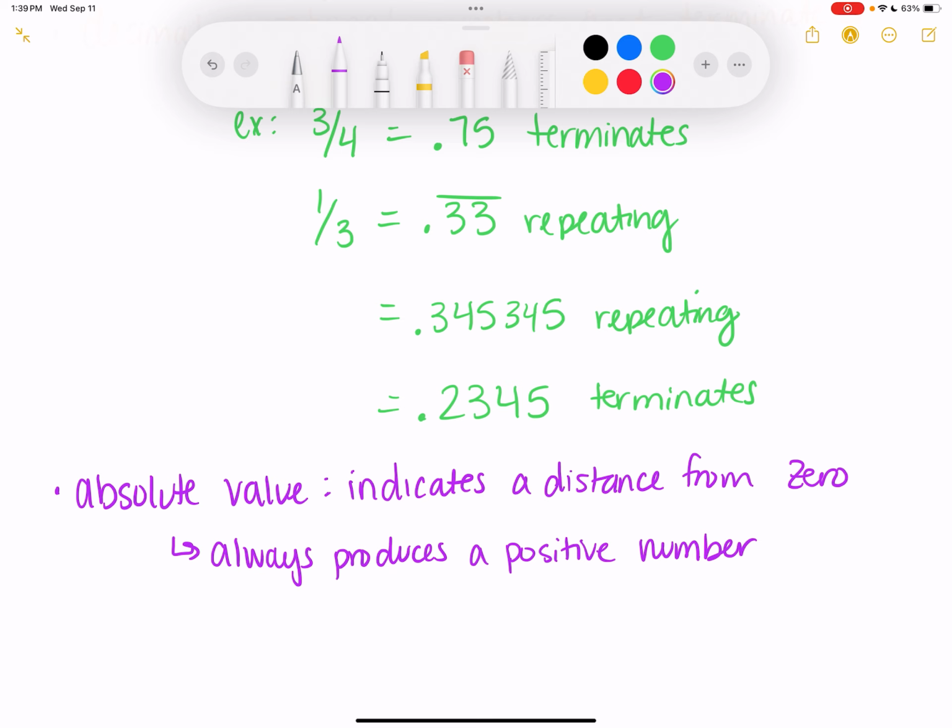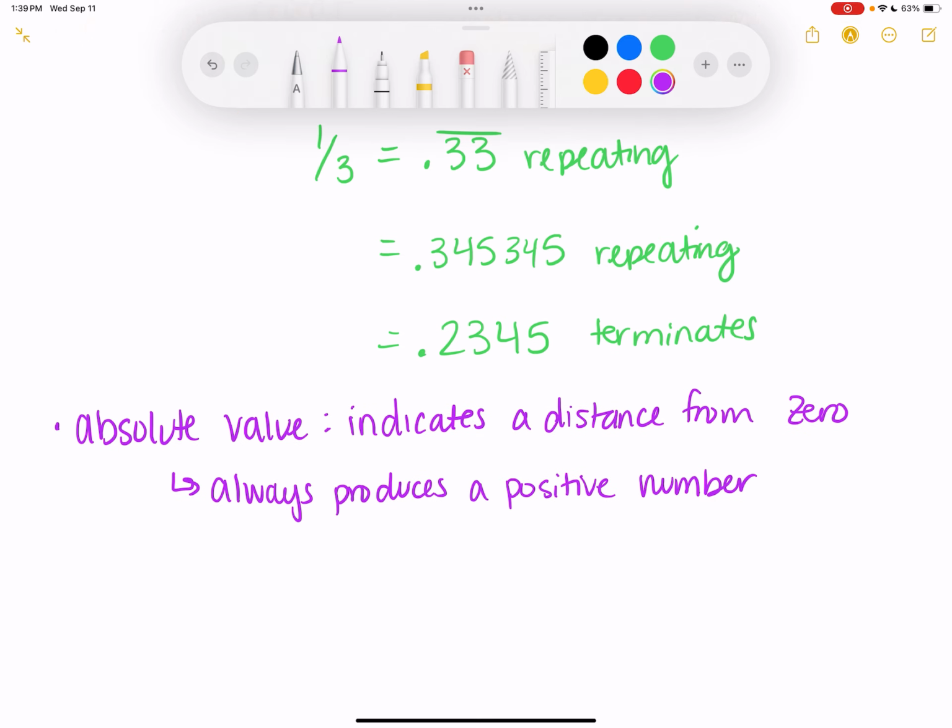So some examples of this for you. If A is positive, then the absolute value of A, so absolute value bars are like the two long bars, they kind of look like giant ones, is equal to A. So with numbers, if I have the absolute value of 5, that's equal to 5.